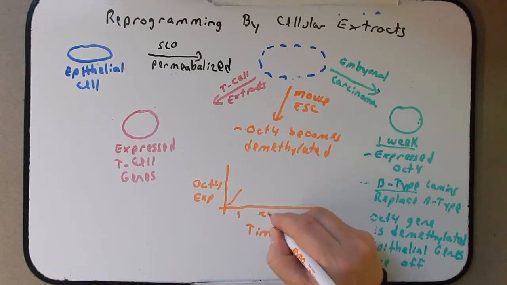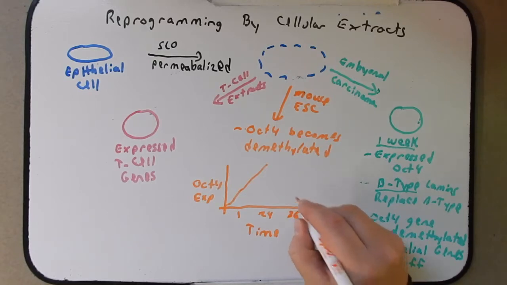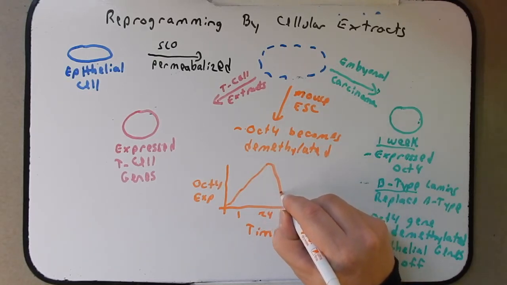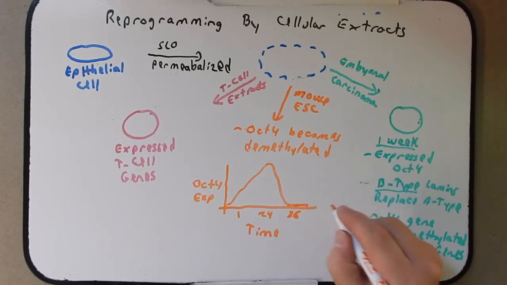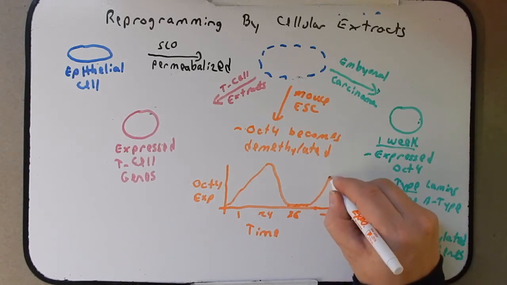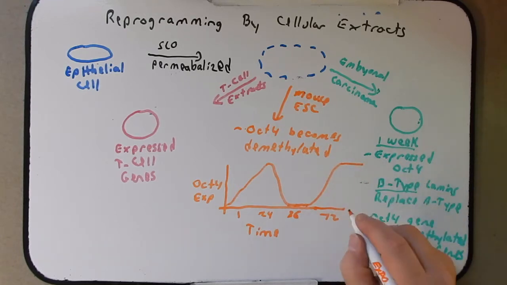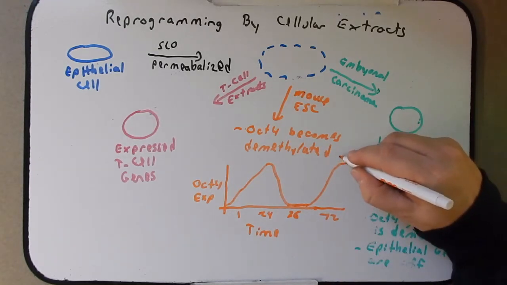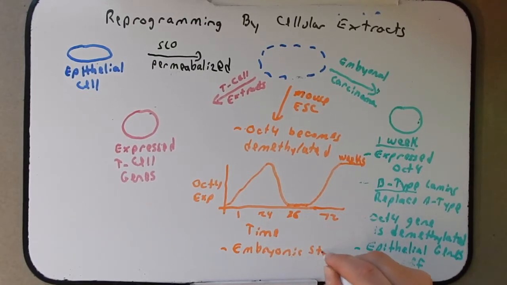And then by 24 hours, it peaks. And then by 36 hours, the levels drop to almost non-detectable levels. And then it lags here for a little bit, but then it starts to rise again. And by the time you get to 72 hours, it again peaks. It will remain at this high level here for weeks. These cells will behave as embryonic stem cells.